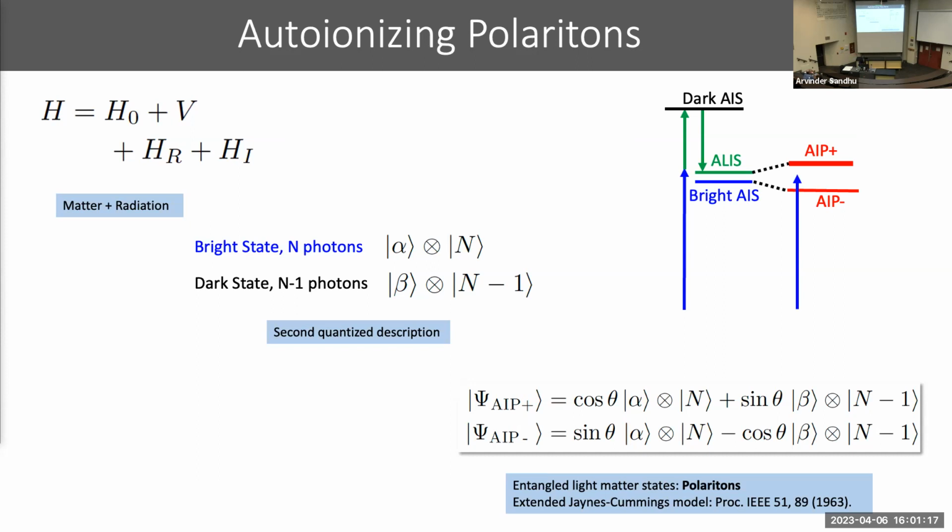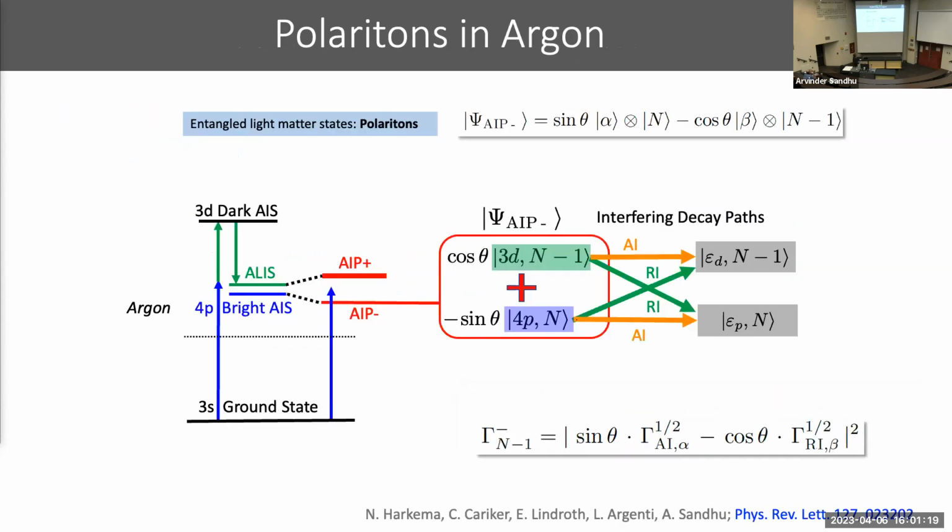Okay, so what we do is we can take one of these states and write it in terms of its components. I call them AIP states, auto ionizing polaritons, which is again a simple matter of recasting what we already know about light matter interaction. But now I can talk in terms of the fact that each of these states has two components.